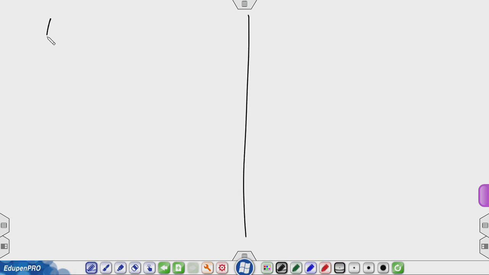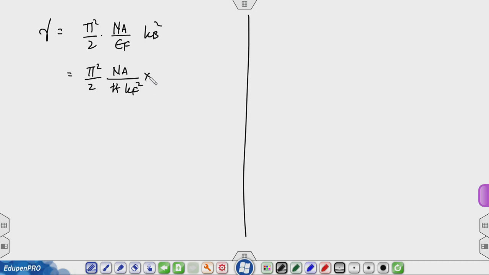You see, gamma is pi square over 2 n Avogadro divided by epsilon F Kb square, which is pi square over 2 Na over h cross square kF square times 2m Kb square. This is given for a material. These are all constants.